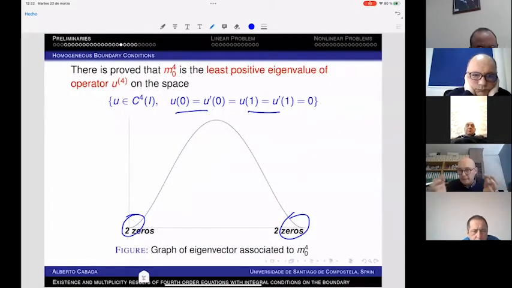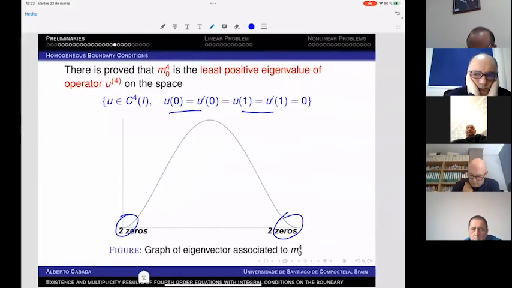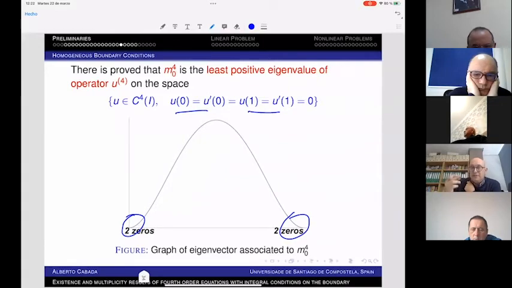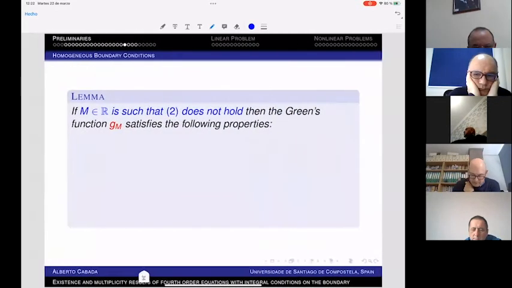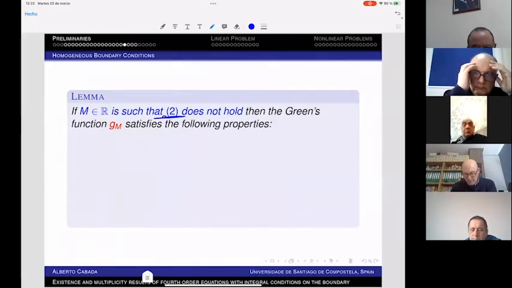And to get the expression, it's really very easy in this case analytically, and in general, numerically, it's obvious. It's a very trivial problem to calculate the eigenvalue, at least the first eigenvalue, of any operator, right? Moreover, we prove that, remember, 2 is the spectral condition, and so we have a solution when 2 does not hold, right?